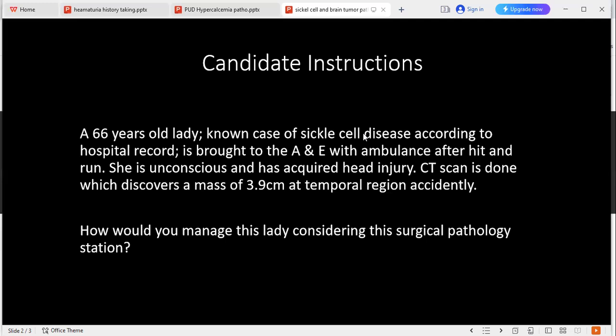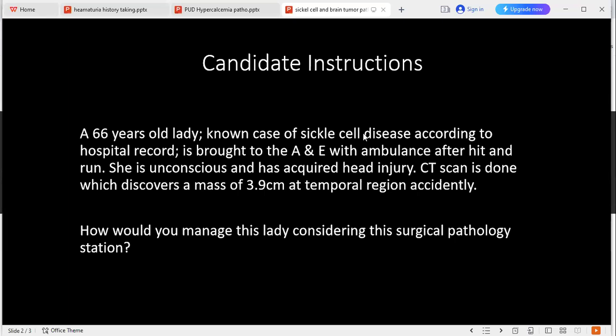In other words, what are the most common primary brain tumors in elderly patients? Yes, there could be primary and secondary brain tumors. In the primary brain tumors, there could be high-grade and low-grade tumors. The high-grade brain tumors include glioma, glioblastoma, and medulloblastoma. In low-grade tumors, it could be meningiomas, acoustic neuromas, neurofibromas, pineal gland tumors, pituitary adenomas, and craniopharyngiomas. And the secondary brain tumors could be metastatic from any other site.